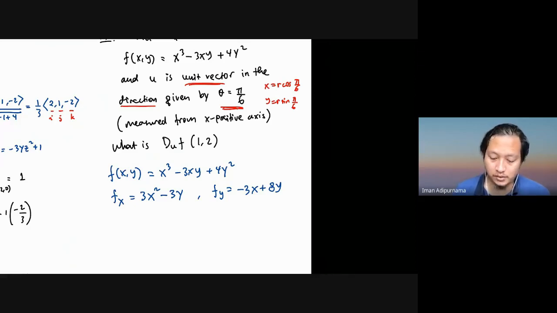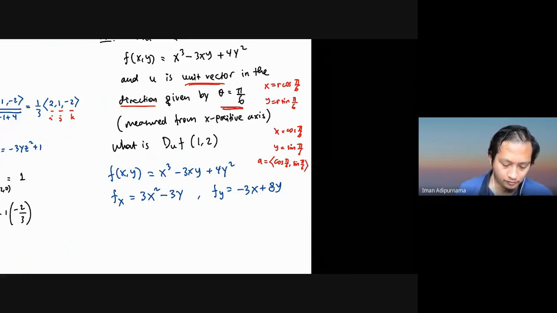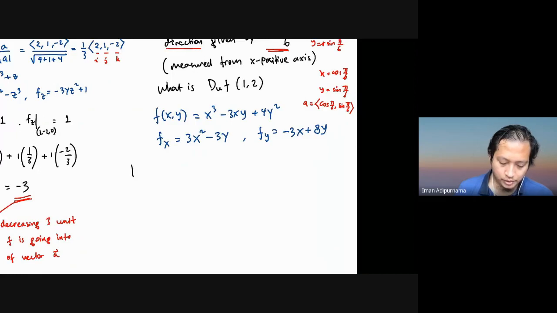So x will be cosine, and y will be sine. So this will be our direction, cos and sin, and we can put this into our whole equation of the directional derivative.